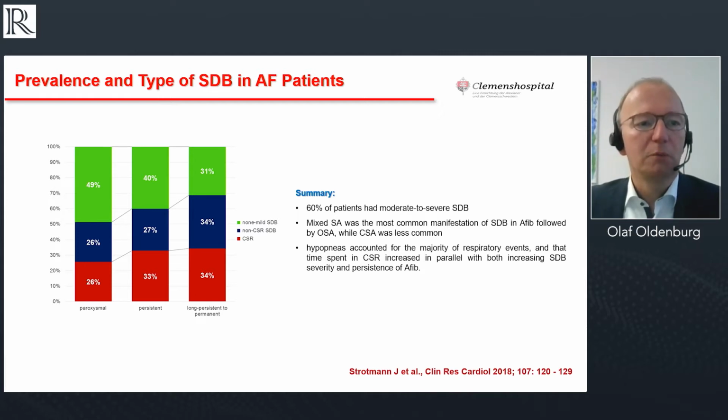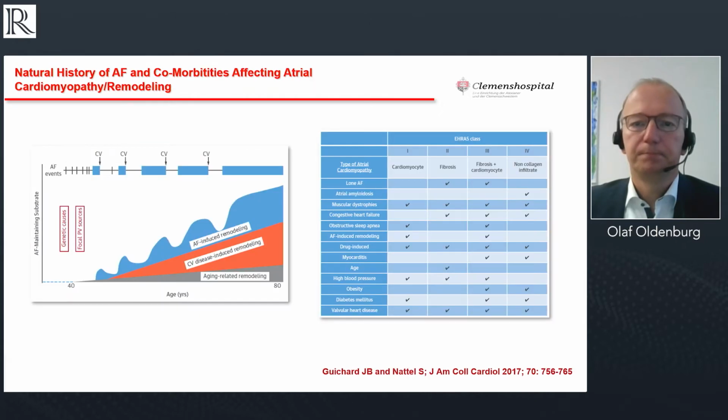And when we're talking about AFib, we have different types of sleep disorder breathing with paroxysmal, persistent, or long persistent to permanent AFib. So you can see the more persistent or permanent the AFib gets, the more we will see central sleep apnea and Cheyne-Stokes respiration.